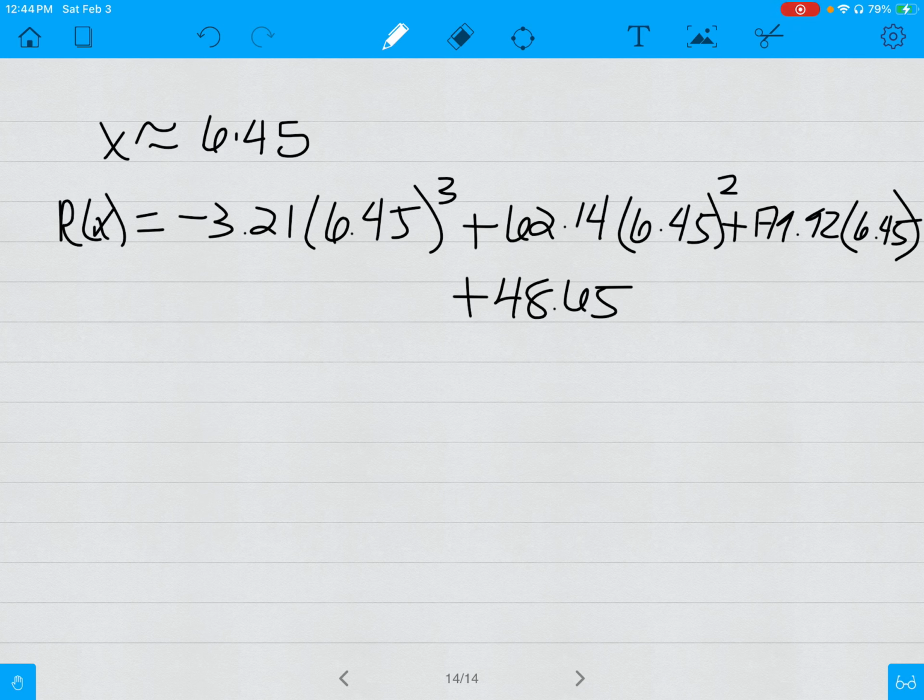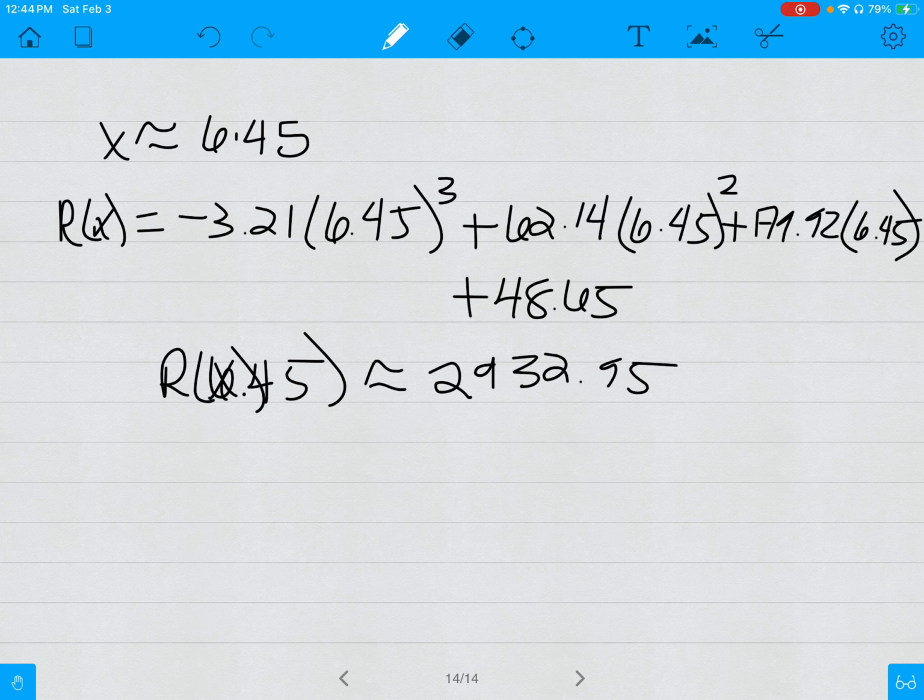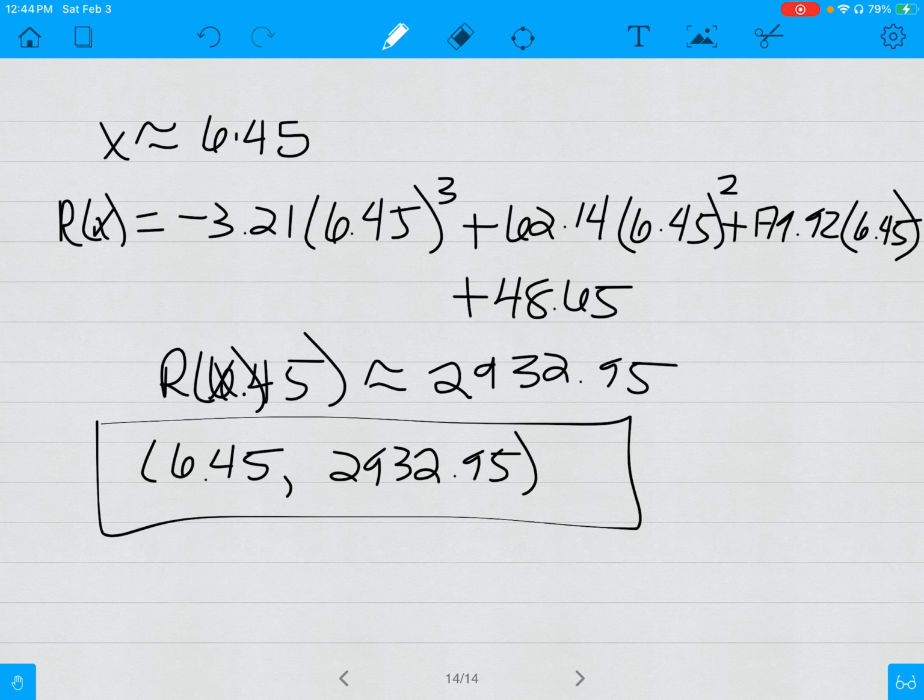I get R of x, or R of 6.45 rather, is approximately equal to 2,932.95. And so there is our point of diminishing returns. 6.45 for the x and 2,932.95 for the y.